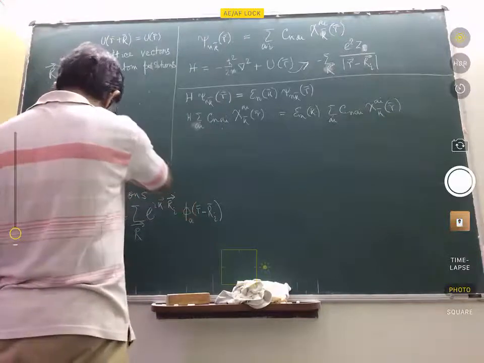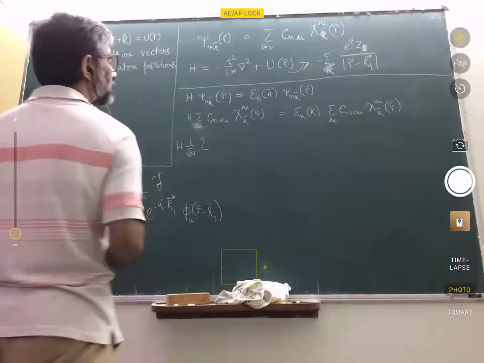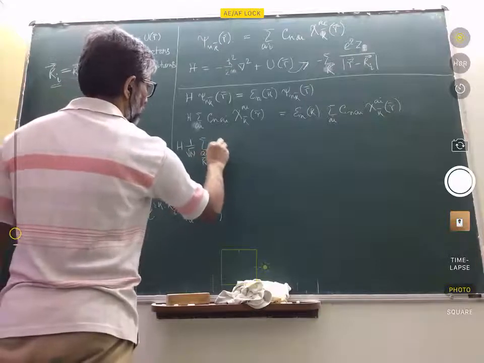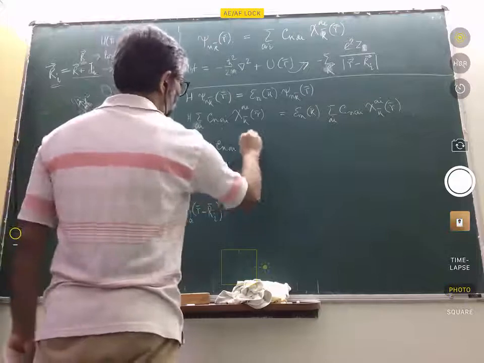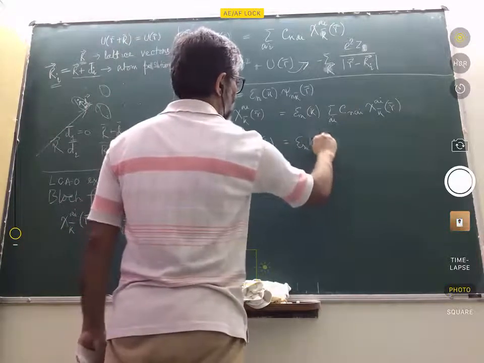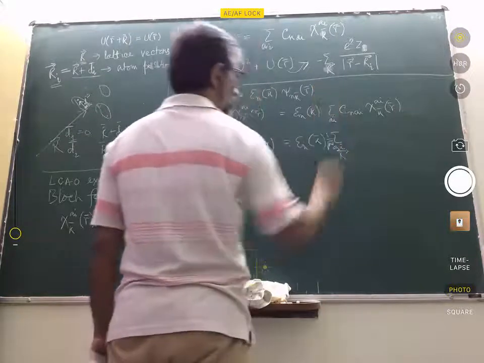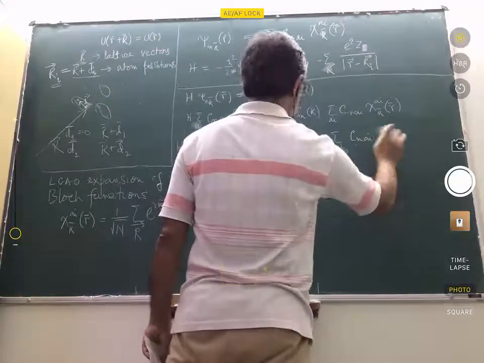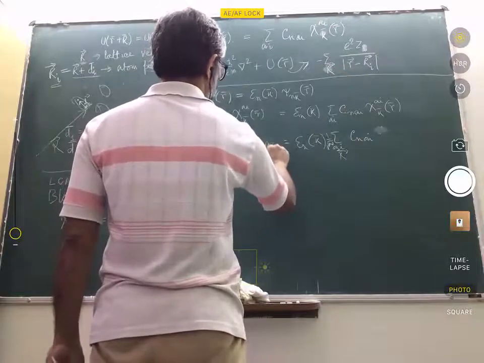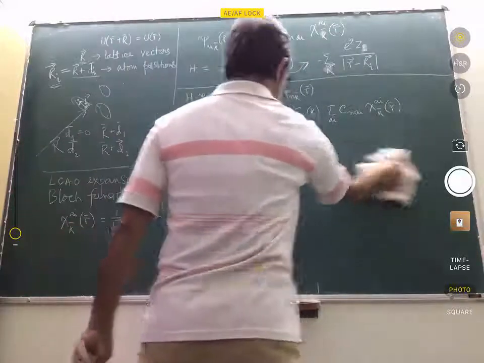So there I have this factor 1 over root N over... this has to be... no, I'm missing things. Let me write this line once again. Sorry.